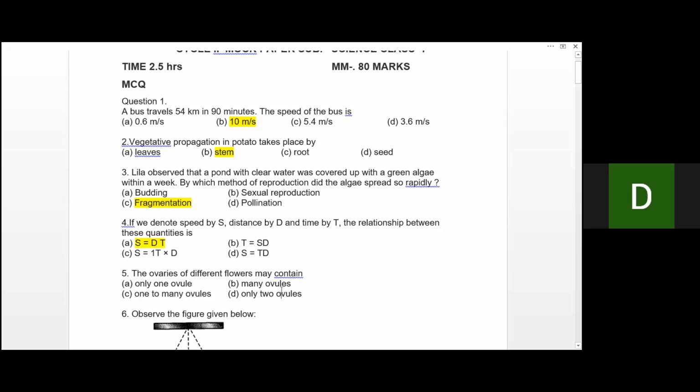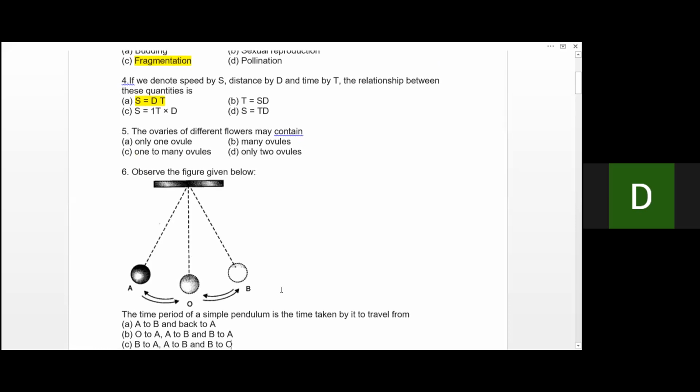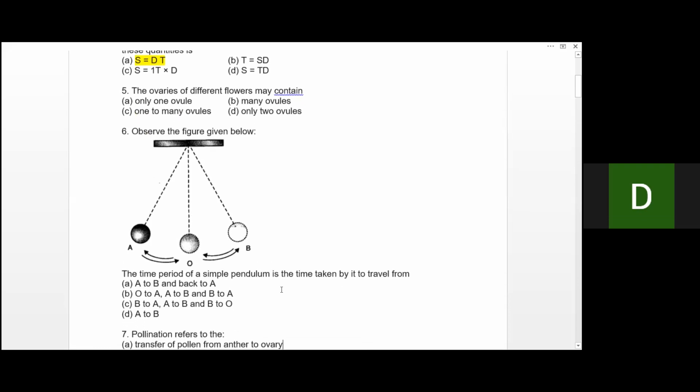Next is number 6. Observe the figure given below. The time period of a simple pendulum is the time taken by it to travel from. Children, when will we be calculating the time period of a simple pendulum? When it goes A to B, back to A. Check it again.